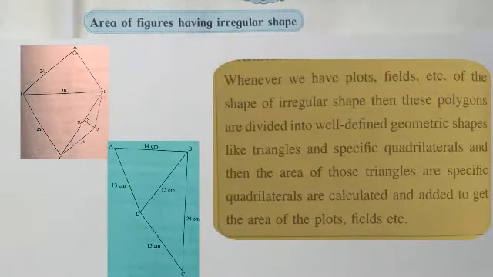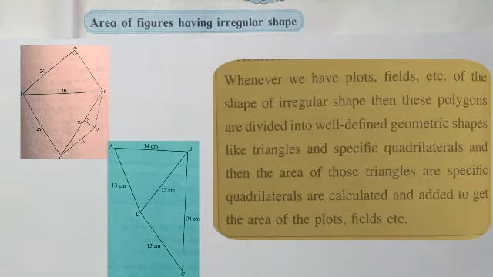Whenever we have plots, fields, etc. of irregular shape, then those polygons are divided into well-defined geometric shapes like triangles and specific quadrilaterals, and then the area of those triangles and quadrilaterals are calculated and added to get the area of plots, fields, etc. So it means here we have to divide this type of diagrams into small geometrical shapes to find out the area of those geometrical shapes and then do the addition of their areas. Then we can get the area of this type of irregular shapes.